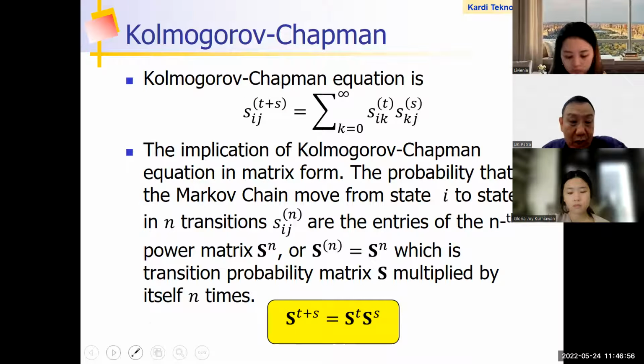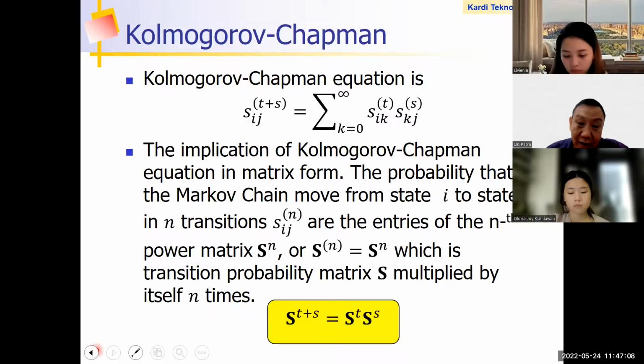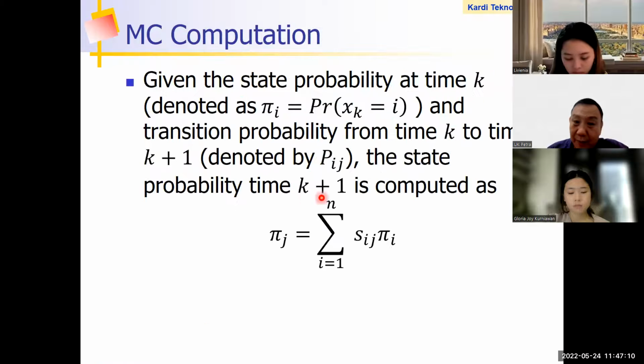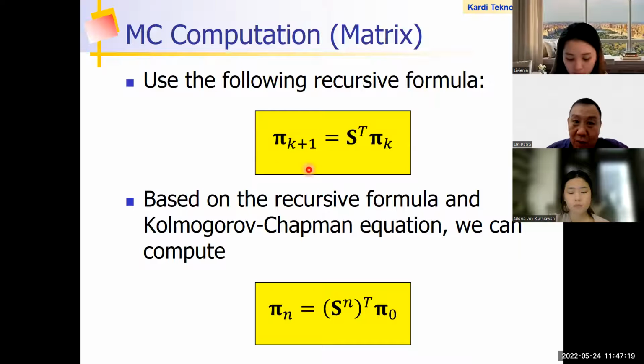Based on this formula, we can derive the Markov chain formula, which is this equation. This is exactly the same as earlier in scalar form. But using matrix form, this is much easier to compute.